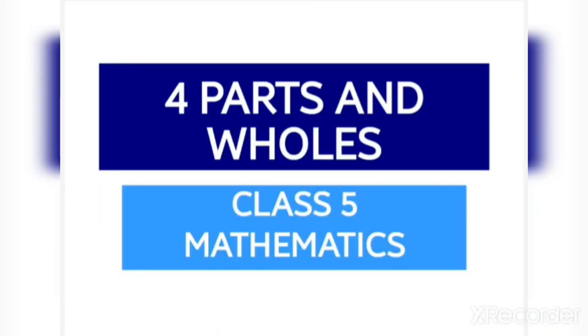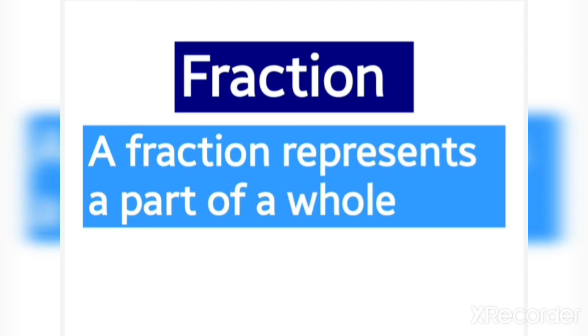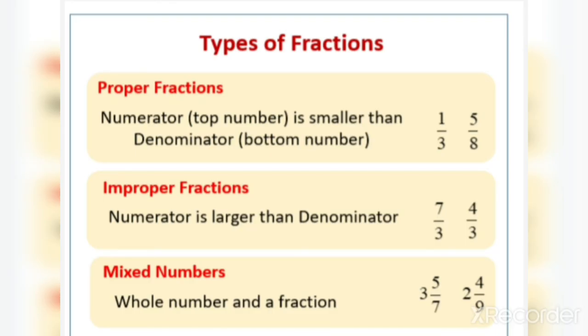My dear students, in this chapter 4, parts and wholes, we learnt about fractions. A fraction represents a part of whole. We also learnt about types of fractions. Proper fractions, in which numerator is smaller than the denominator.